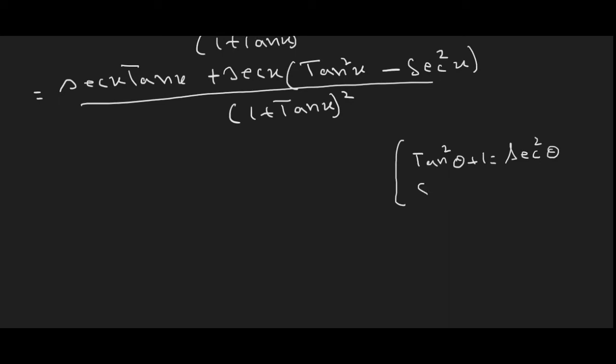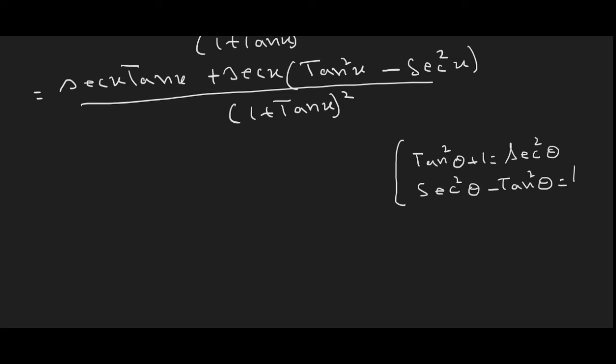This gives you secant square theta minus tangent square theta is equal to 1, and here we need tangent square x minus secant square x.